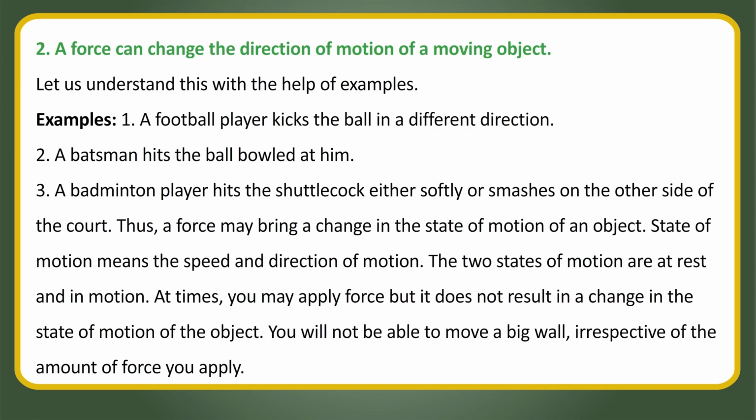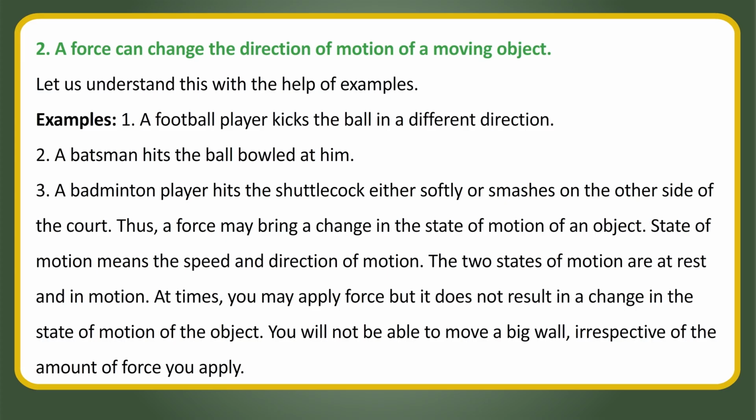2. A force can change the direction of motion of a moving object. Let us understand this with the help of examples. Examples. 1. A football player kicks the ball in a different direction. 2. A batsman hits the ball bowled at him. 3. A badminton player hits the shuttlecock either softly or smashes it on the other side of the court.